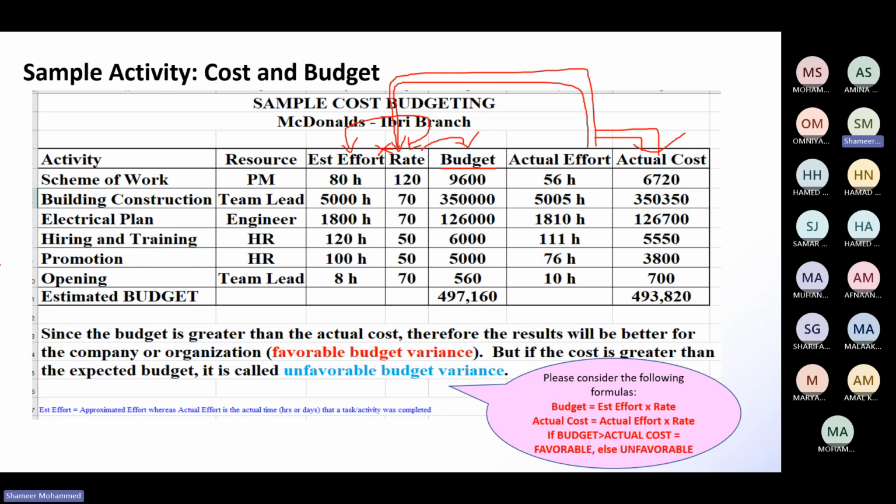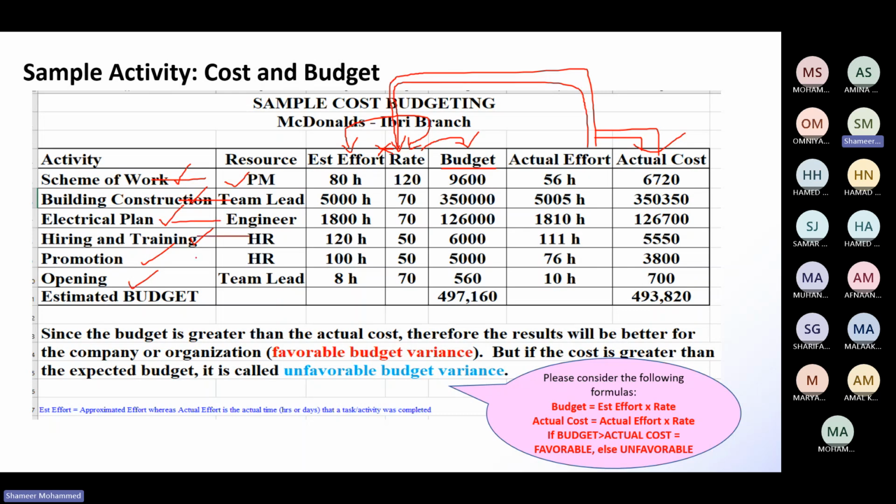So these are the project activities. See here, first task, scheme of work; second task, building; third task, electrical; plan, training, promotion, opening. These are all the tasks you have. So who will do that? Project manager will do this work. This work will be done by the leader. This work, engineer.